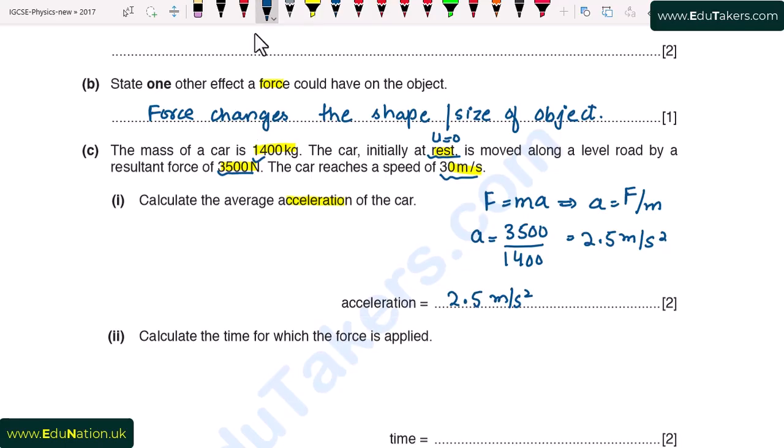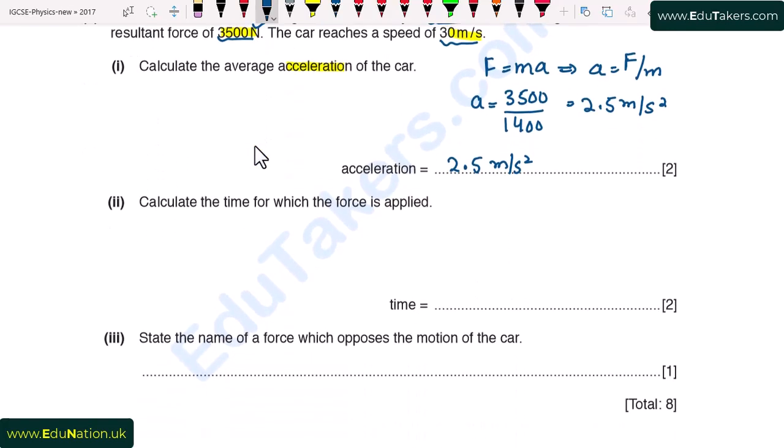Next part 2. Calculate the time for which force is applied. Here we have to calculate the value of time. So I write here the definition of acceleration: a is equal to delta v over t, where delta v is change in speed over time. I also write it as final speed minus initial speed over time. From here we have to find out the value of t.